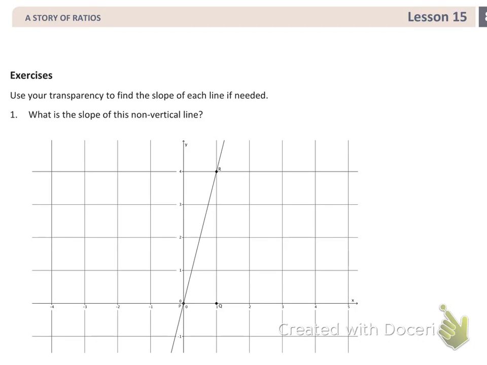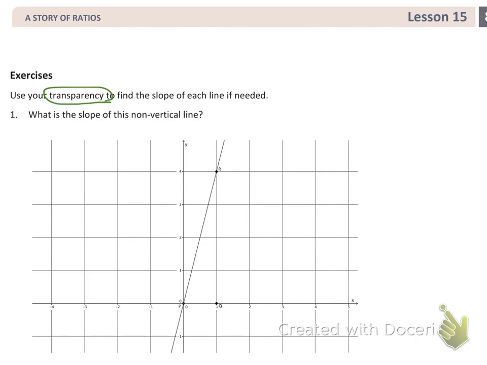Okay, so find exercise 1 in your notes, and you're going to be completing exercises 1 to 6 independently. The directions say, use your transparency to find the slope of each line if needed. In other words, if you want to use your transparency, you can. You don't need to.